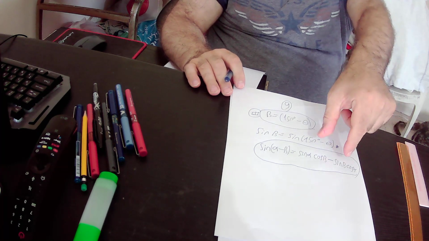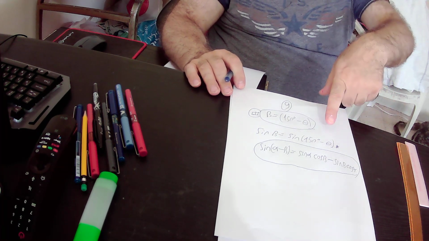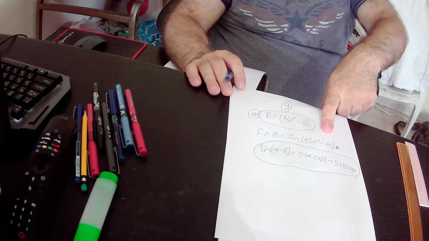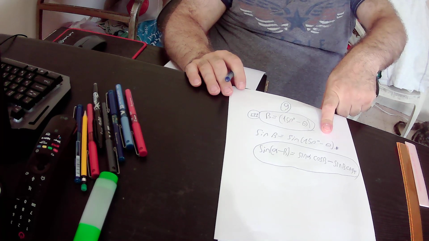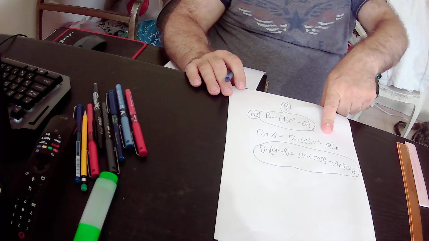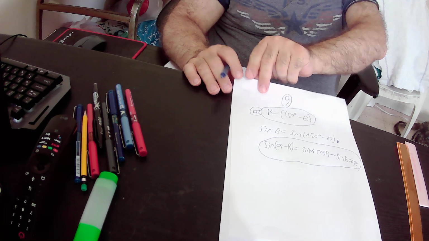So we can implement this trigonometric identity in order to calculate the value of sinus 150 degrees minus theta.